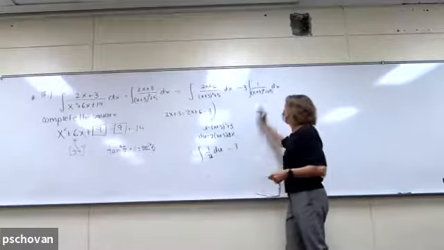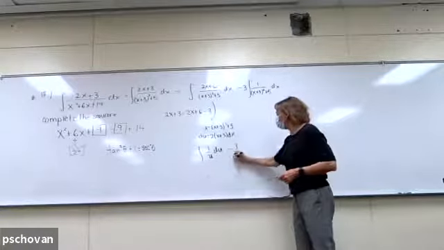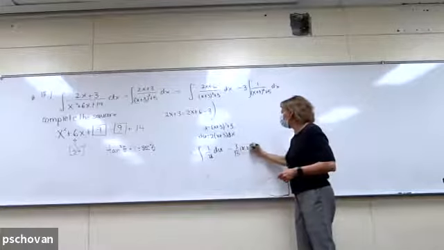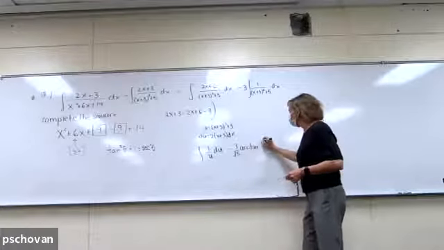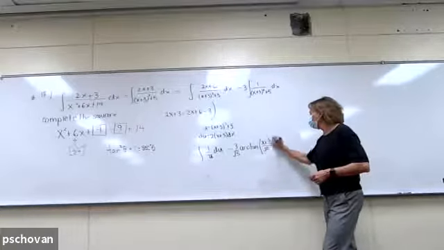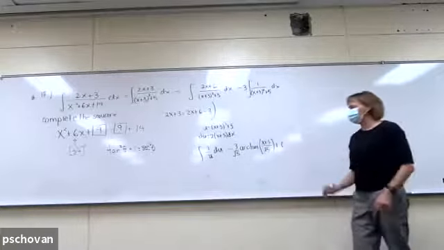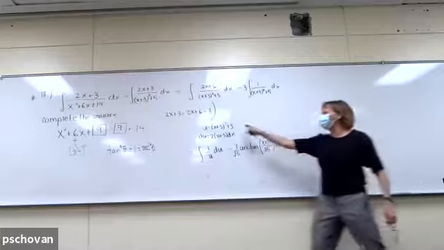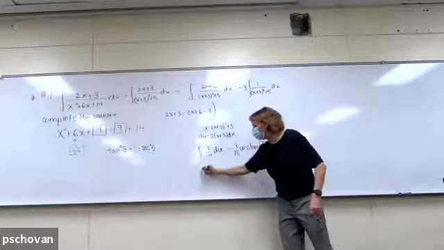That one had the 1 over the square root of 5, arctangent of the x plus 3 over square root of 5. So that gives us a logarithm, and it'll be the logarithm of this.